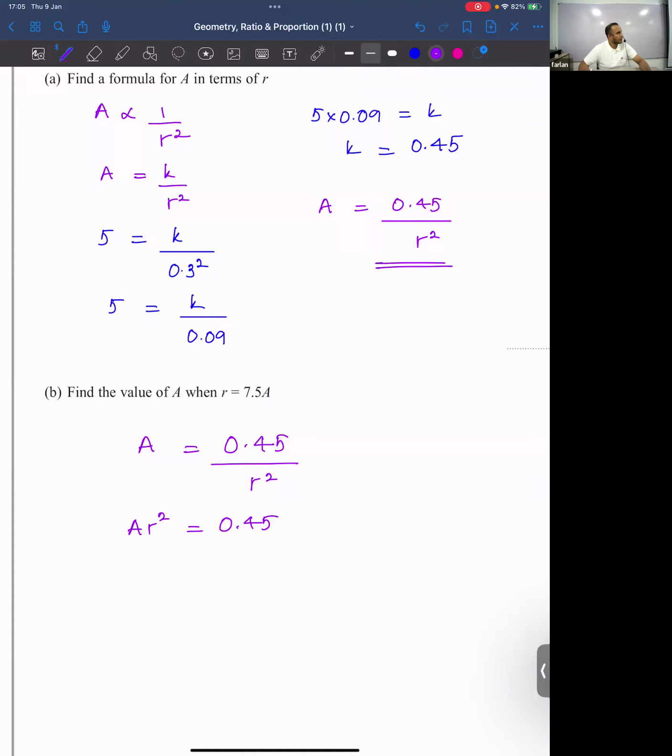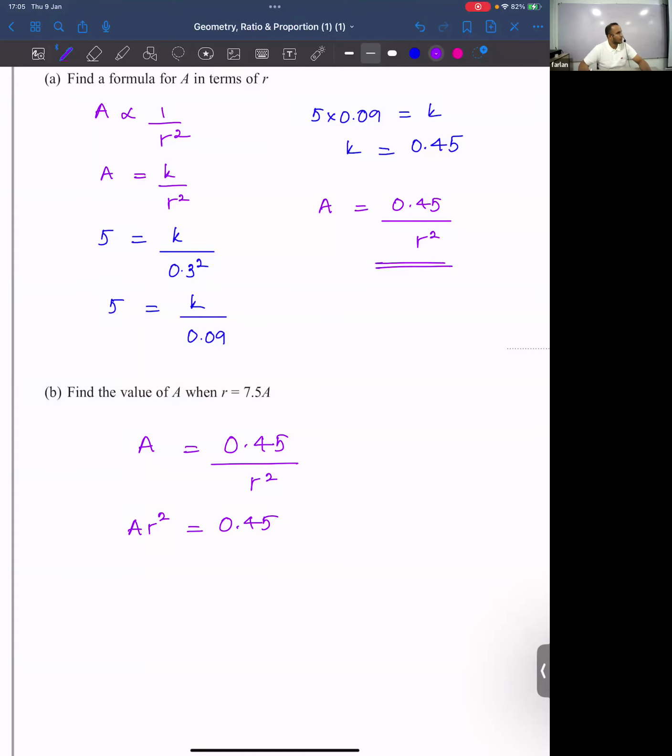That is A into 7.5A square. 7.5 square will be 56.25, so 56.25 into A square is equal to 0.45.